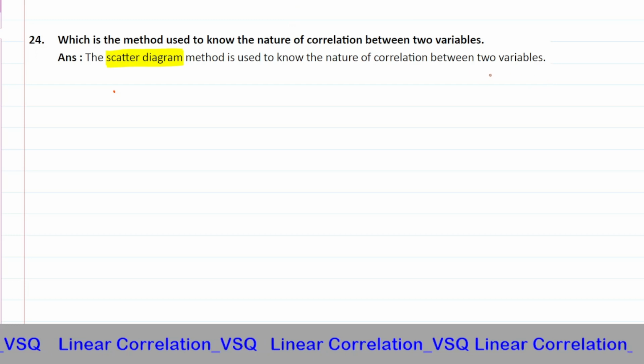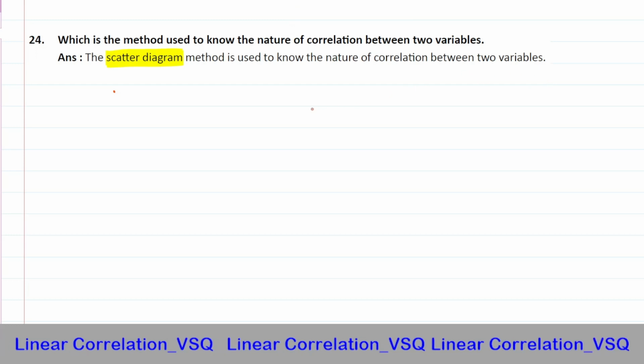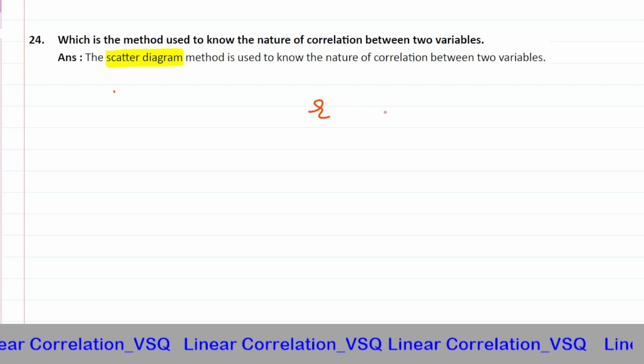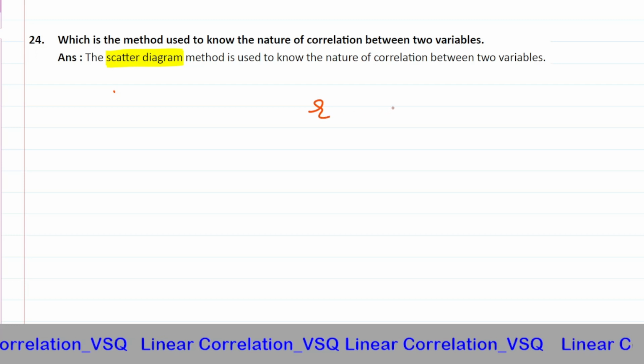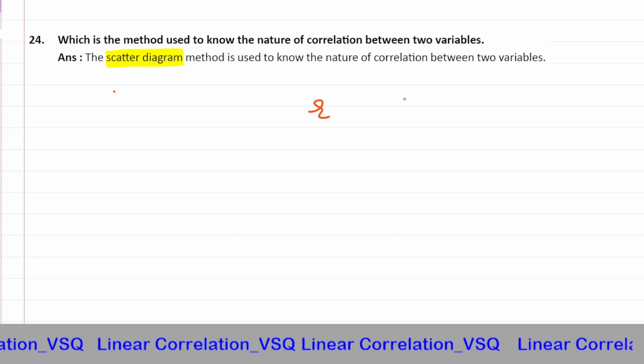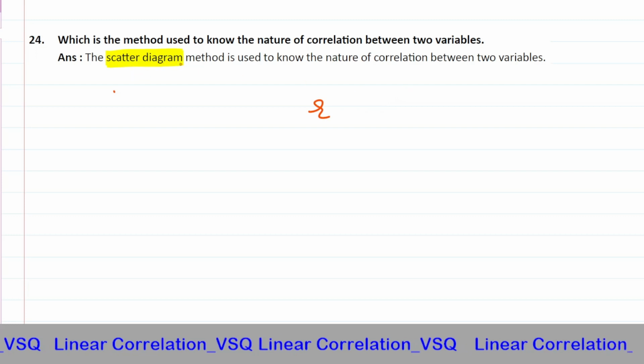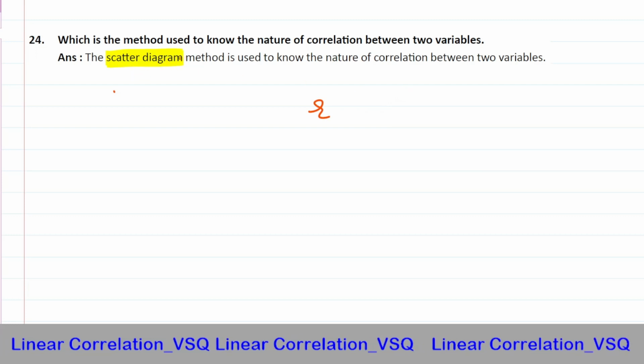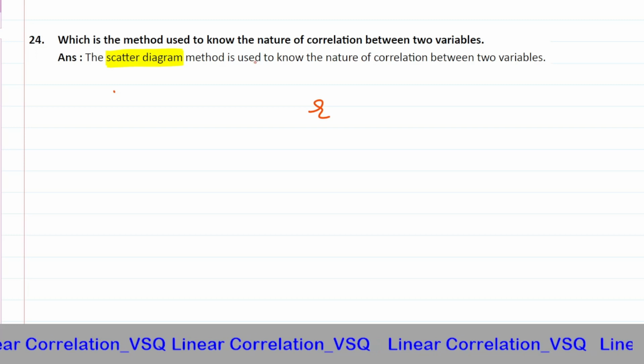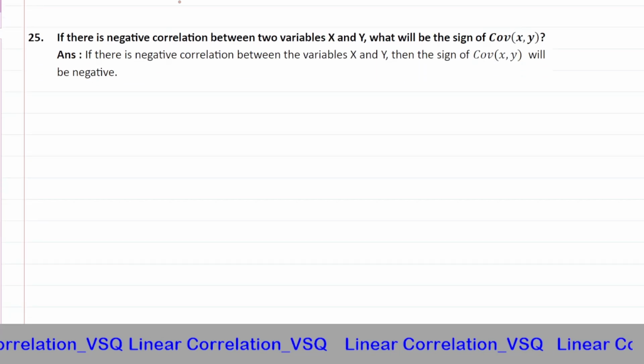In the remaining two methods, Karl Pearson's and Spearman's, we can find the exact measurement of a relation, called the correlation coefficient.